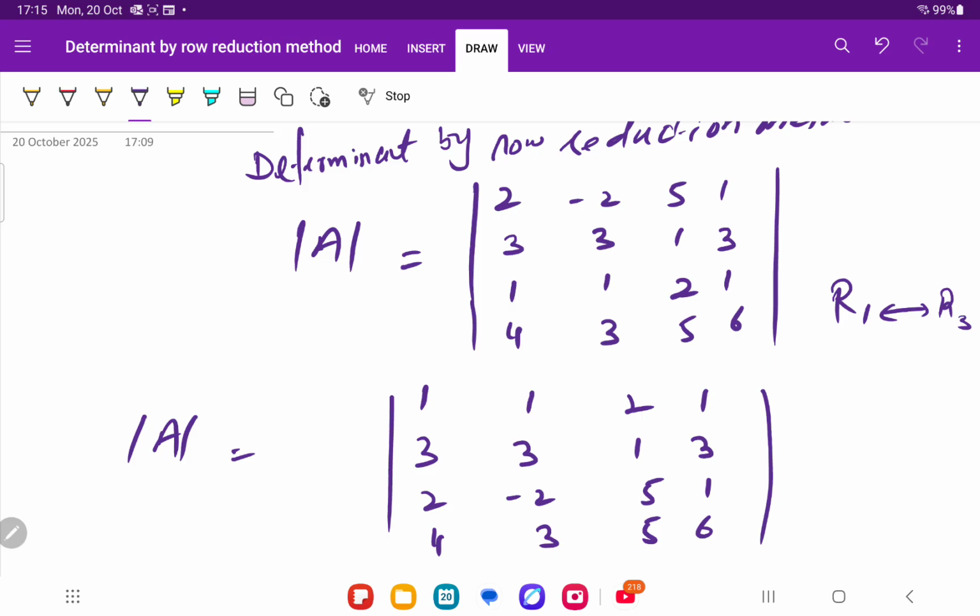I have just interchanged rows in the determinant. In a determinant we keep a minus sign outside each time we interchange the rows. Whenever you interchange rows, you put a minus sign outside. That is the compensation needed when dealing with determinants.